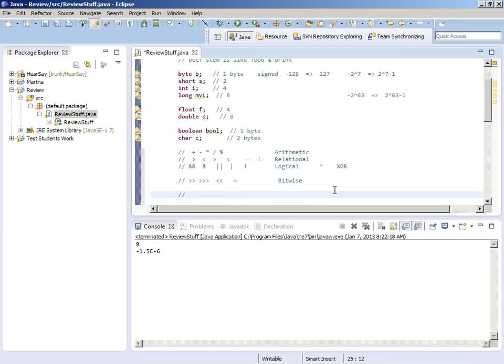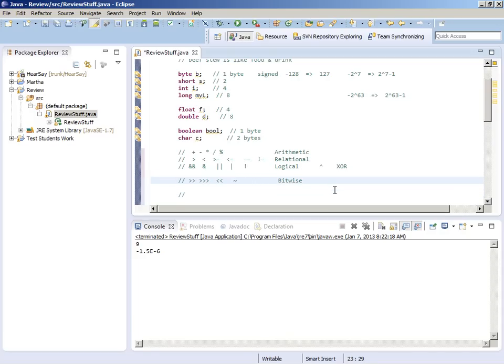I'm including them for completeness, and if you ever need to manipulate bits in Java, you probably shouldn't be using Java, but in case you are, you can figure out how to use the bitwise operators. Oh, just a second, there's two more in here.